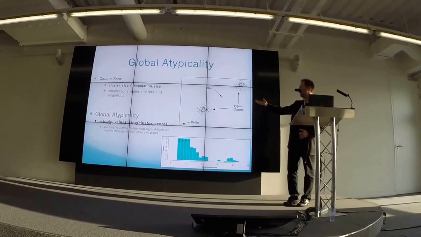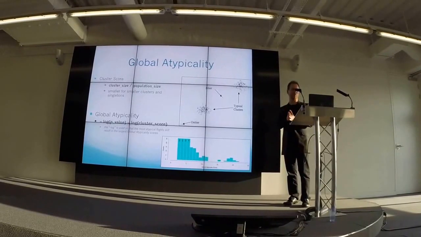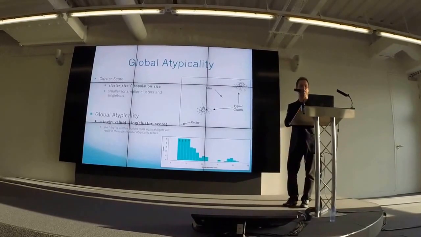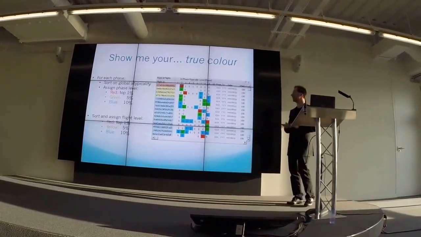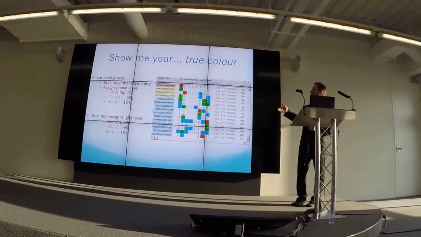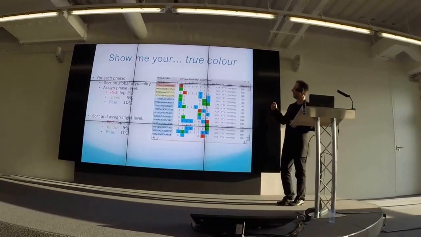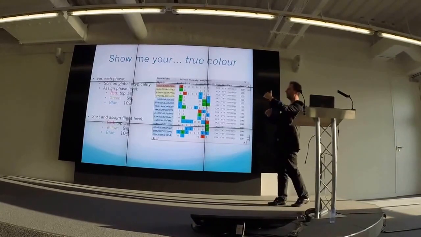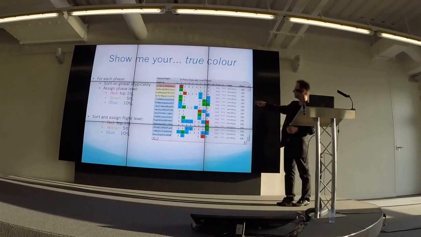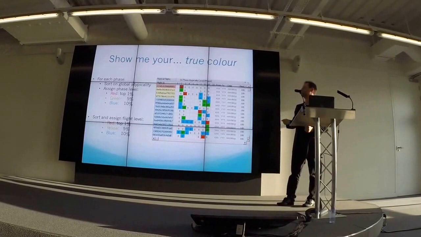Very short. Now that we have a global atypicality for each flight, one of the things we have left to do is to rank them based on this. So we just sort them based on their atypicality. Now remember, the atypicality is computed in each phase, so then it has to be aggregated across all phases. The top 1% we put in red, the top between 1 and 5% in green, and 5 to 10% in blue.